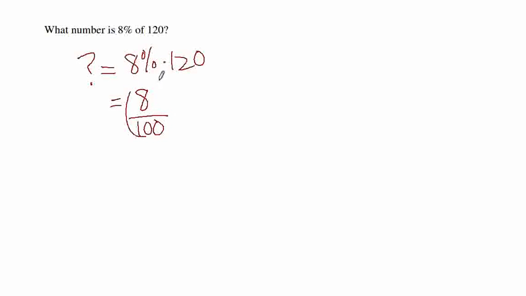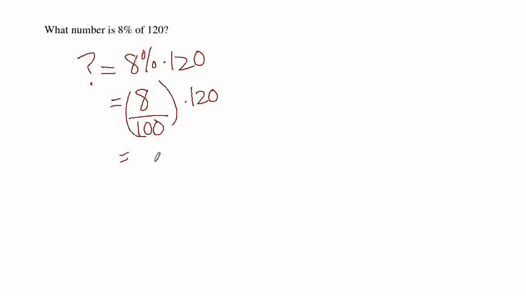Okay, so I'll go ahead and work it out as well. So mystery number equals 8% multiplied by 120. 8% is 8 over 100. We'll multiply that by 120. And now we can simplify the right side.